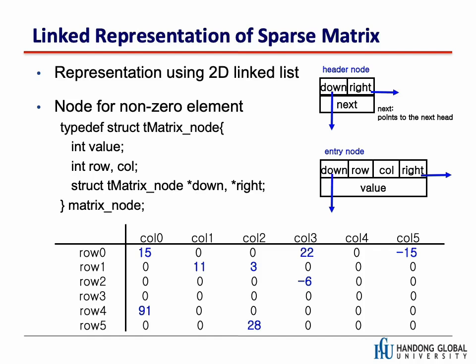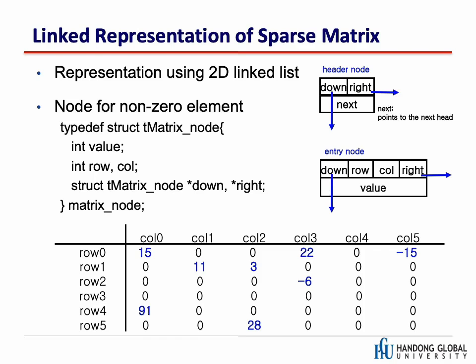Down will point to this 91, and the right pointer will point to 22. And what about 22? Then the value is 22, the row is 0 and col is 3, and the down pointer will point to -6 and the right pointer will point to -15.